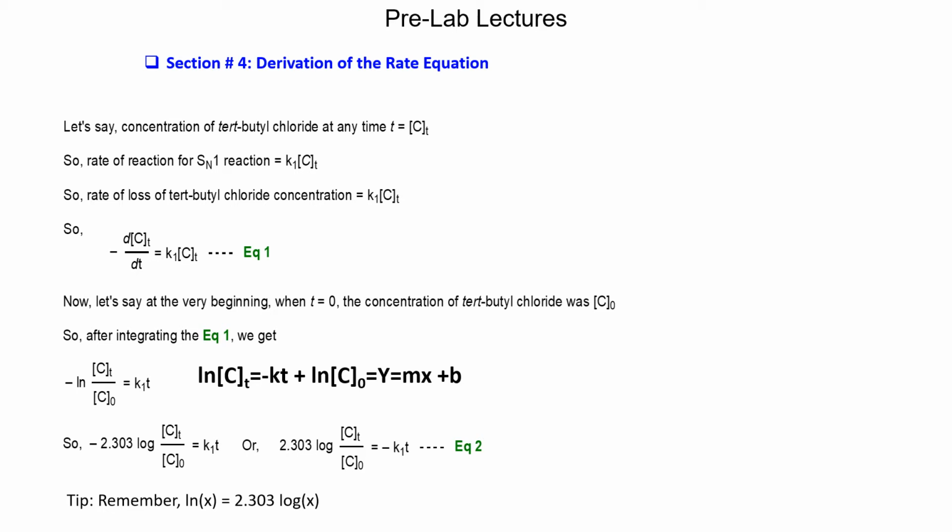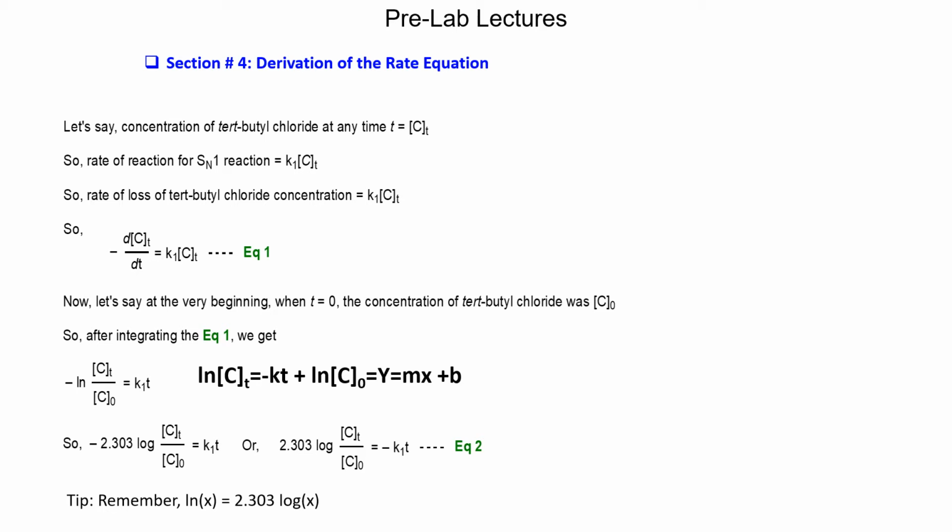Sometimes you see the rate of disappearance as delta, to mean change in concentration over change in time over the period of time.